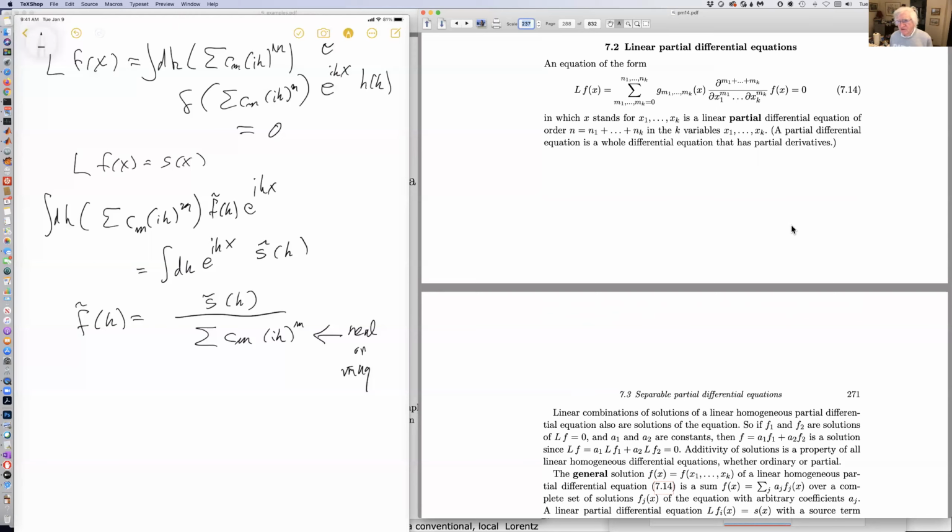And of course, a partial derivative is a derivative: you have a function of n variables, or a function of more than one variable, and you hold all the variables except one fixed and differentiate with respect to the one you vary. Of course, you know all that. So here's a general nth order linear partial differential equation in k variables.